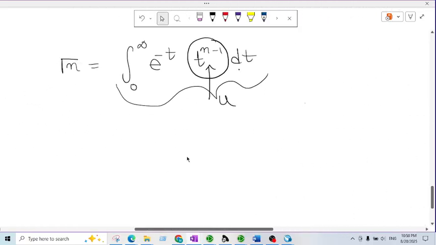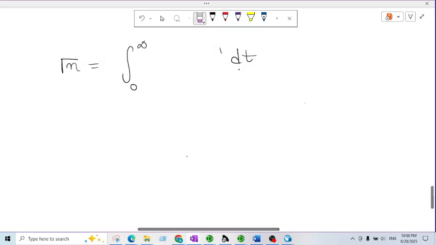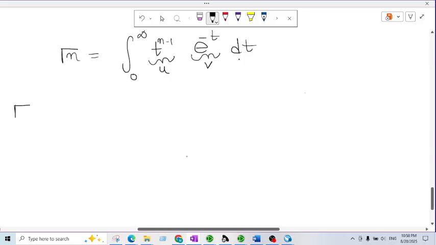I will choose t to the power n minus 1 as u, and e to the power minus t as v. Let's start. First I write the first term as it is, and then I integrate v and get this.